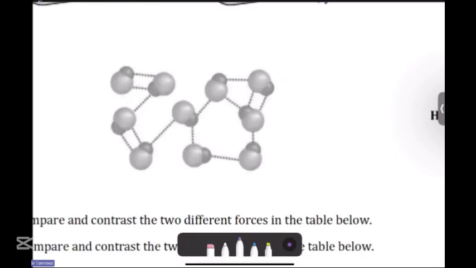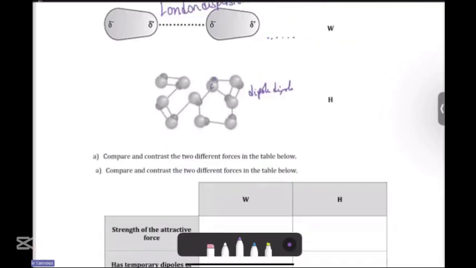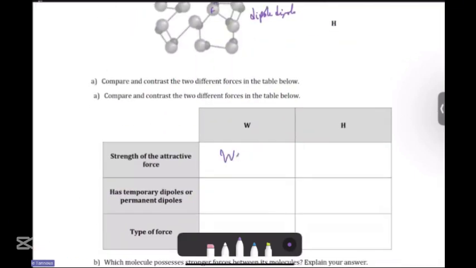Because here I know from the molecule that this is HCl maybe, or HBr or HF. So here it has dipole-dipole interactions. So London dispersion forces are weaker and the dipole-dipole are stronger.